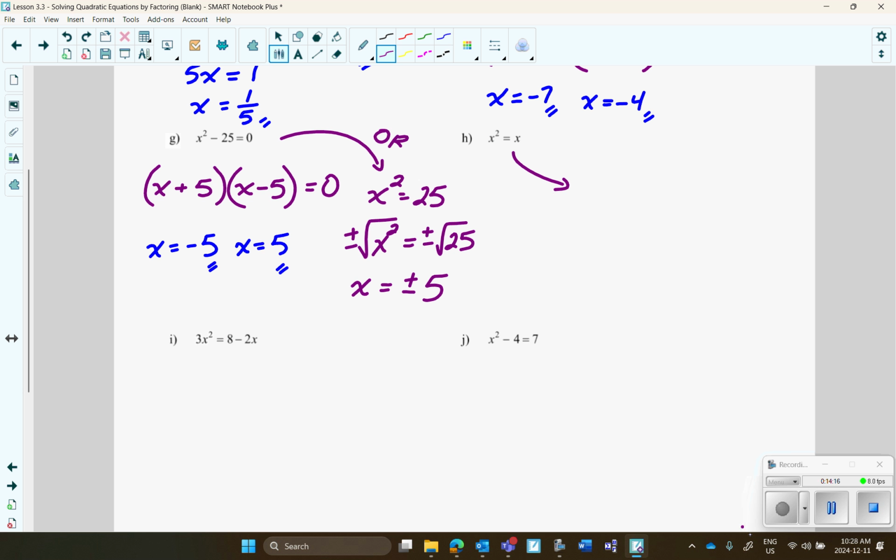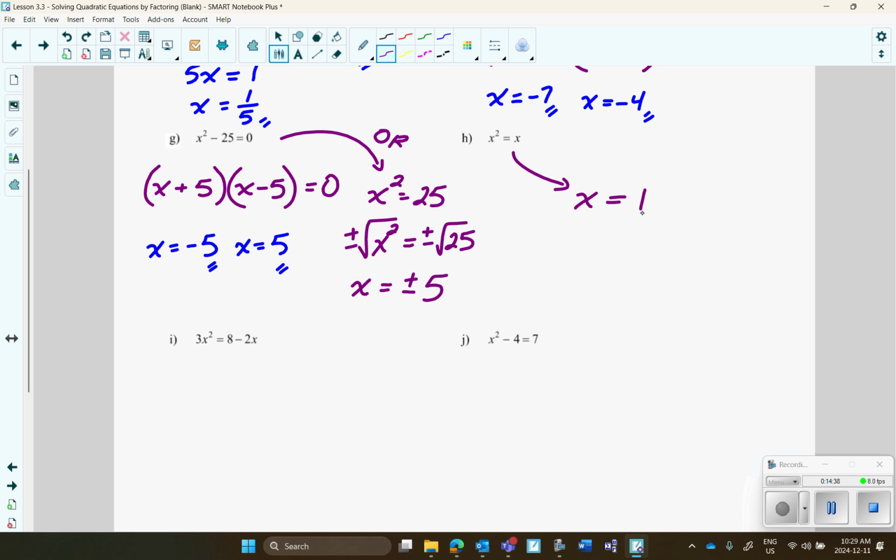I'm going to divide this by x to get x by itself. And then I'm going to divide this by x, and x equals 1. Does that work? It does. But the only problem with that method is you haven't found all the answers. There's another number that works too.